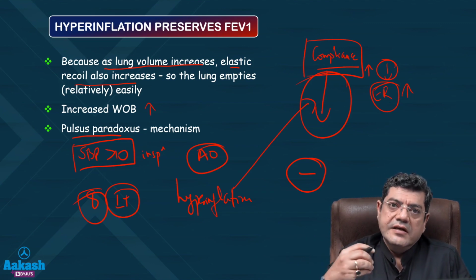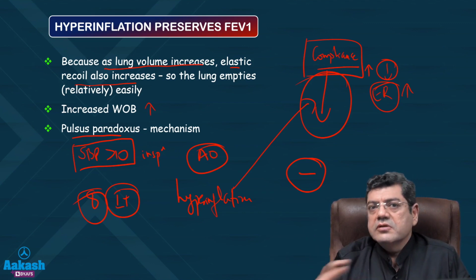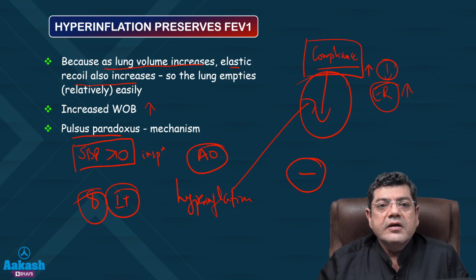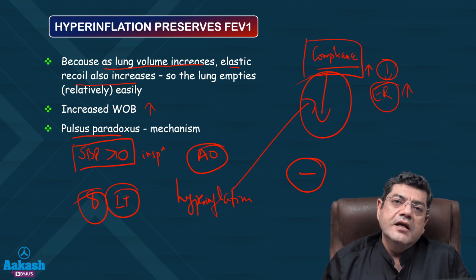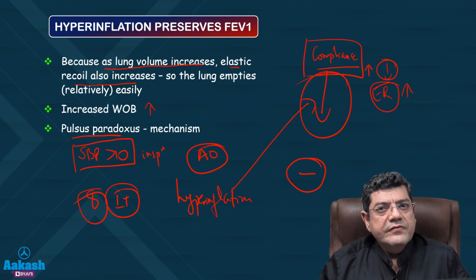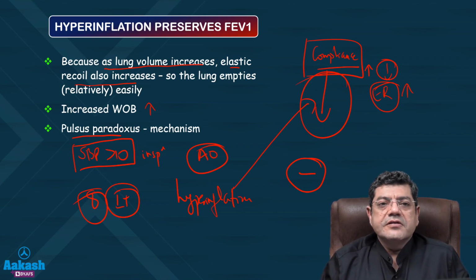We said that that negative pressure is transmitted to all structures in the thorax, so that the dilatation of the great vessels, the aorta for example, is responsible for that small fall in systolic BP, which is physiological during inspiration.